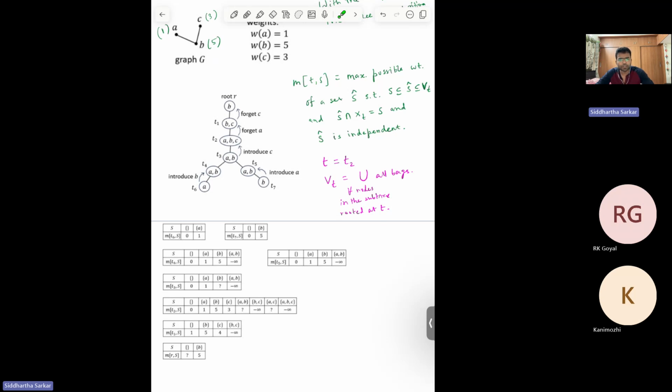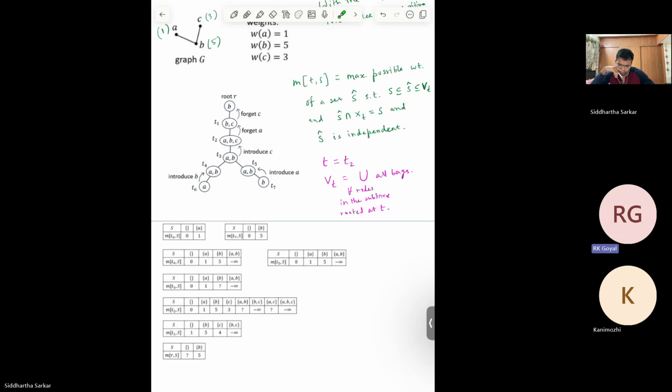Okay, so we have to compute these missing entries. So, yes, but then it seems from here that XT is the same as S only.